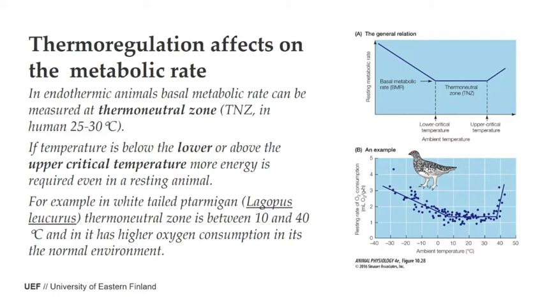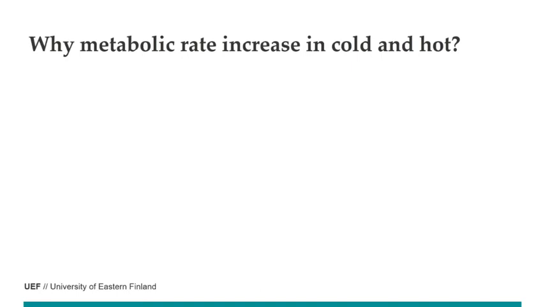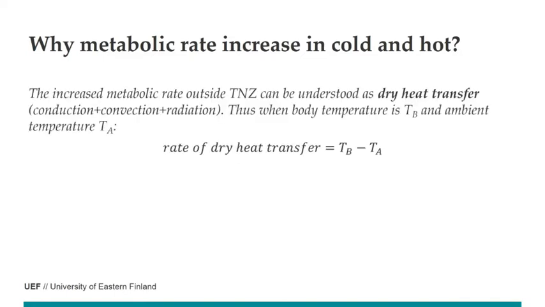And what is the idea behind this increased metabolic rate? We can easily understand it when forgetting for a short while the sweating and the evaporation. So consider the dry heat transfer.